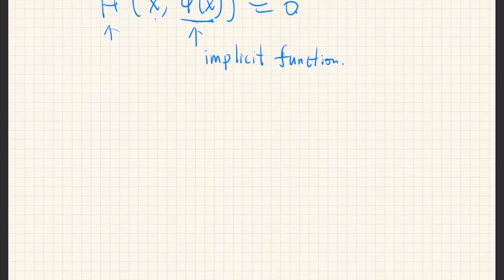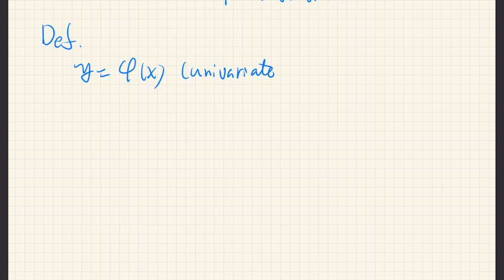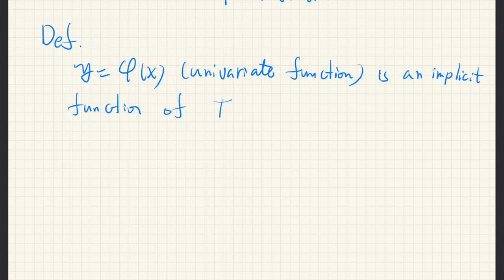Let's give a more formal definition of implicit functions. So here's the definition. Y equals phi of x, a univariate function, is an implicit function of F of x, y equal to 0.